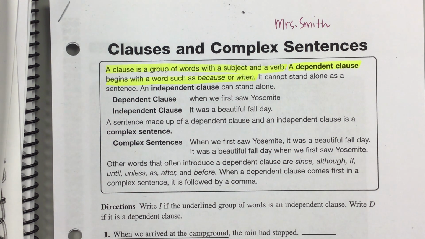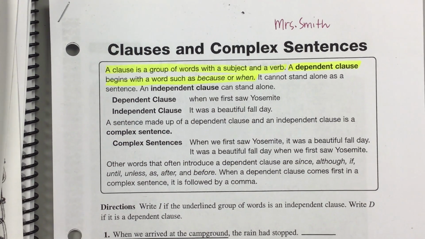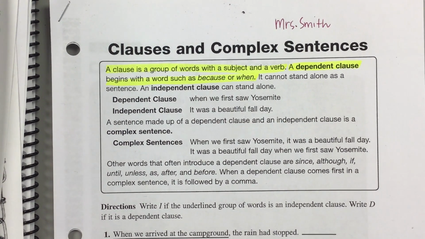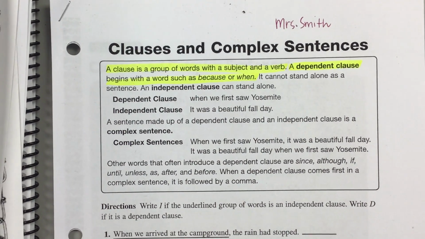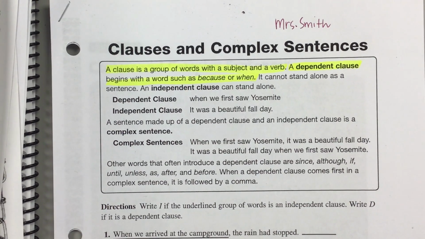Okay, you're dependent on your teacher. You're dependent on me for things that have to do with school, with homework, for getting help on things that you don't understand. A rabbit is dependent on its environment. It has to live in the correct environment.